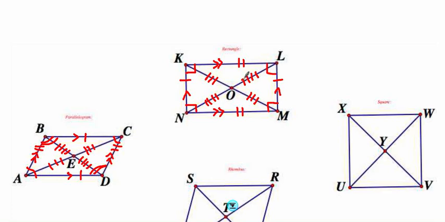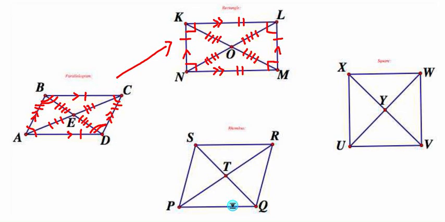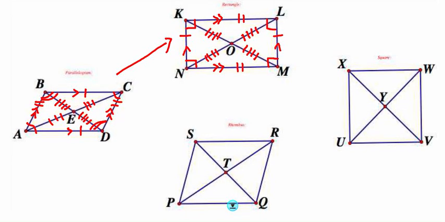And so, in addition to the diagonals bisecting, if KM and NL are congruent in length, then what we actually end up with is four congruent segments, KO, OM, LO, and ON. Okay, and so what we can see is to go from a parallelogram to a rectangle, we have all the same characteristics plus our 90-degree angle for all four of the angles.